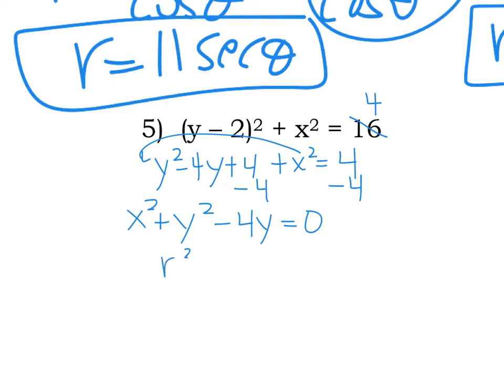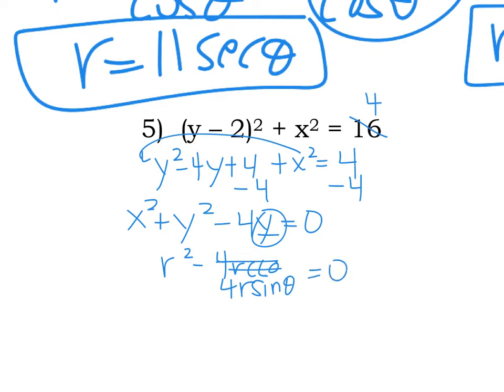All right, r squared minus 4r, y is r sine. Why do I keep doing that today? It's 4r sine theta equals 0.